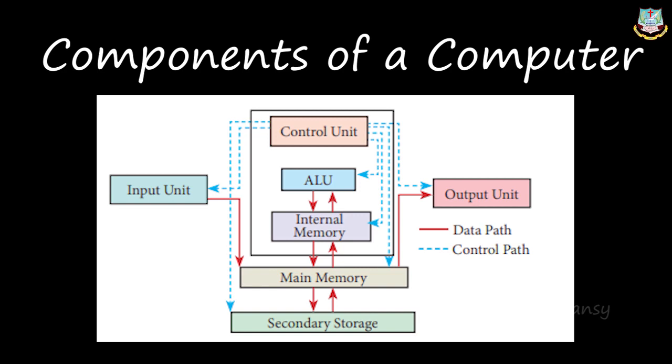And the next one is the memory unit. Memory unit means here in memory we have two types, primary memory and secondary memory. Primary memory means the temporarily stored programs will be there inside this temporary memory. Okay, and when the instructions are ready to execute, this temporary memory will be storing the data.